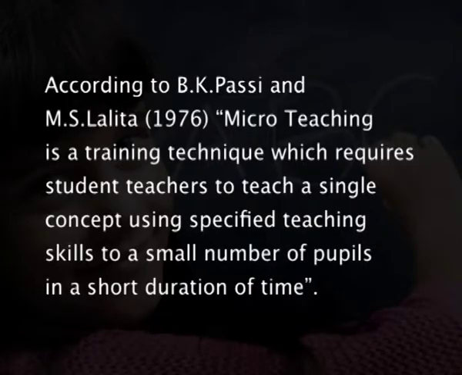The small group may consist of 3 to 4 pupils or peers, or up to 15 pupils or peers. According to B.K. Basi and M.S. Lalita, 1976, micro-teaching is a training technique which requires student teachers to teach a single concept using specified teaching skills to a small number of pupils in a short duration of time.